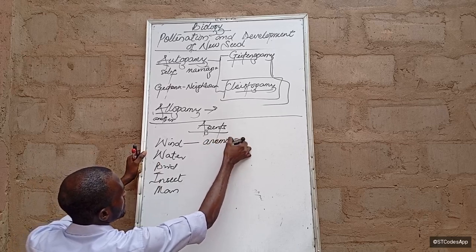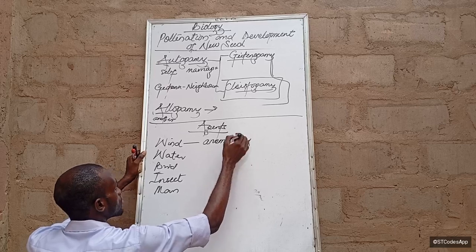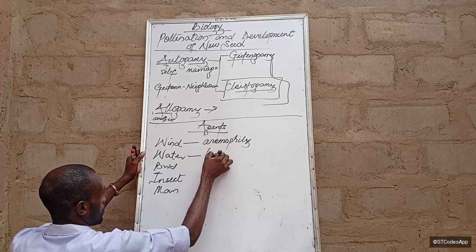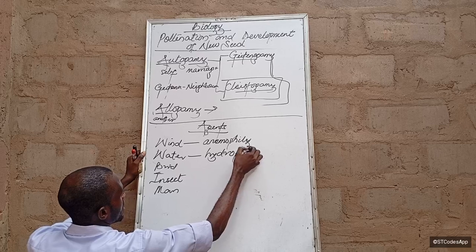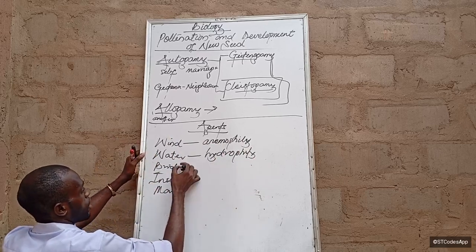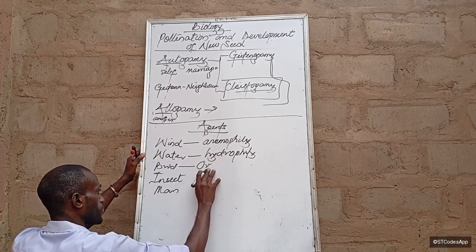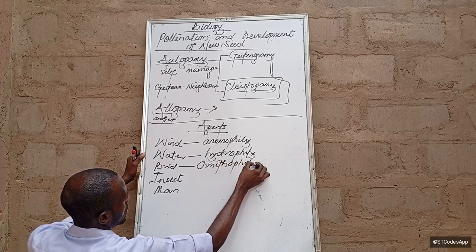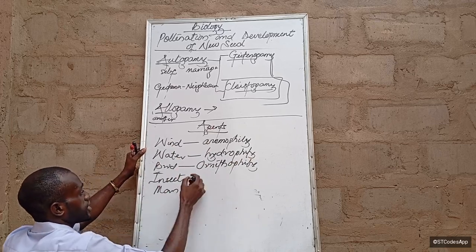Anemophily is the condition of pollination by wind. Then water, hydro, so that will be hydrophily, or a hydrophilous plant or flower that is pollinated by water. Bird, the word ornithos, so ornithophily is the word for a flower that is pollinated by birds.